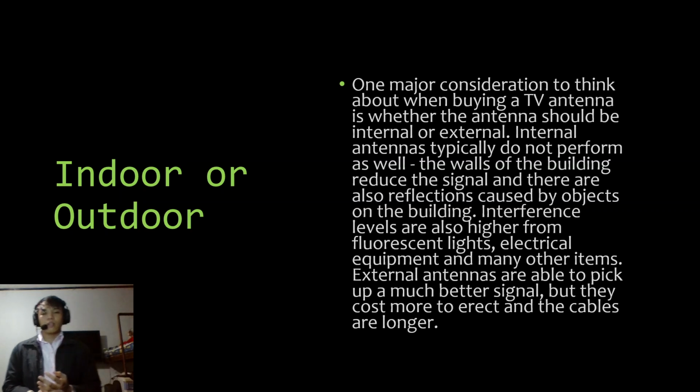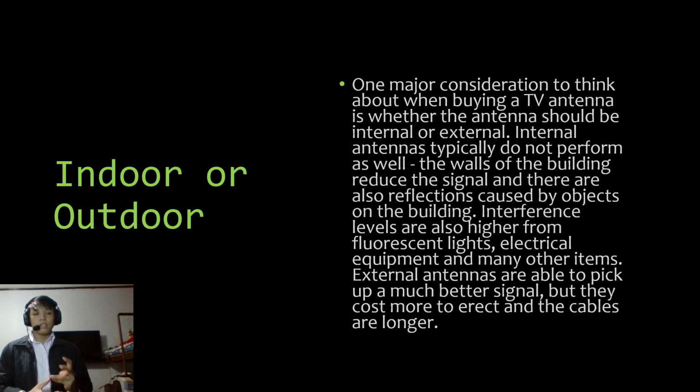Next thing na dapat mong i-consider ay kung indoor or outdoor ba. So one major consideration to think about when buying a TV antenna is whether the antenna should be internal or external. Internal antennas typically do not perform as well because of the walls of the building.